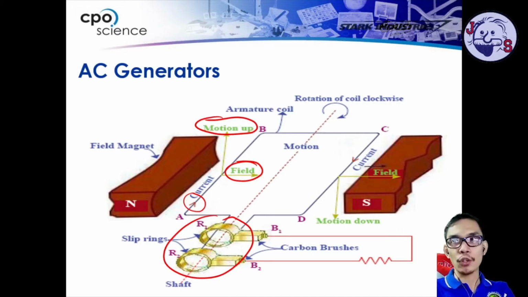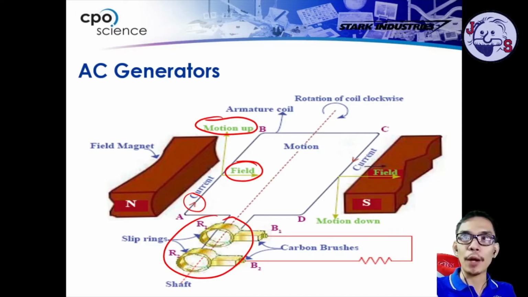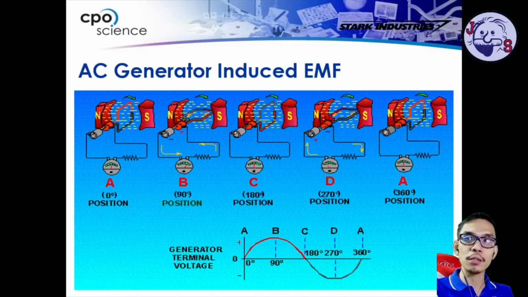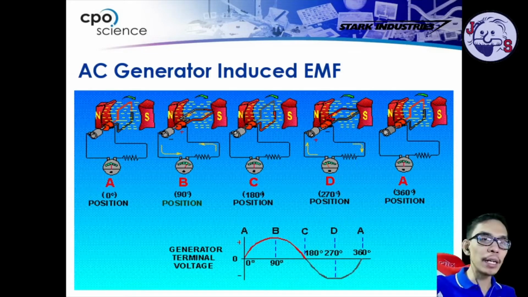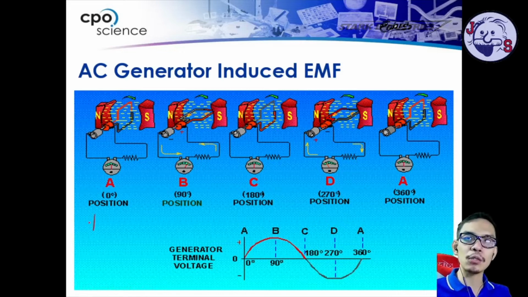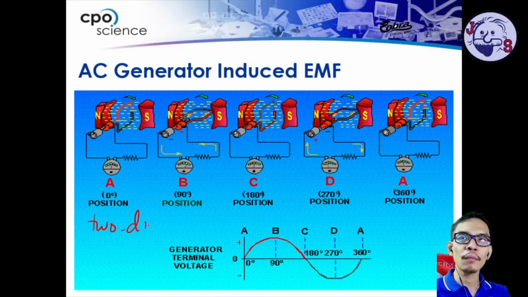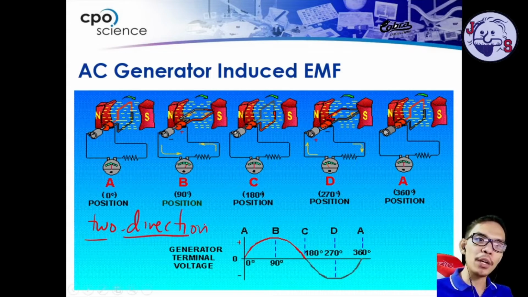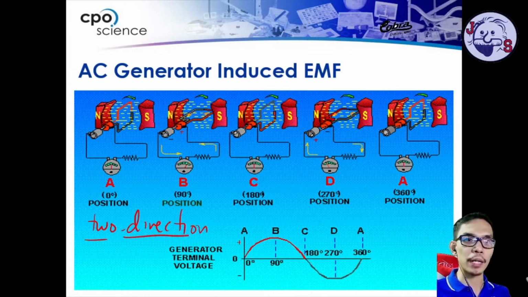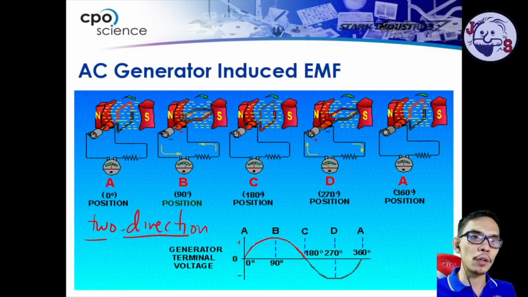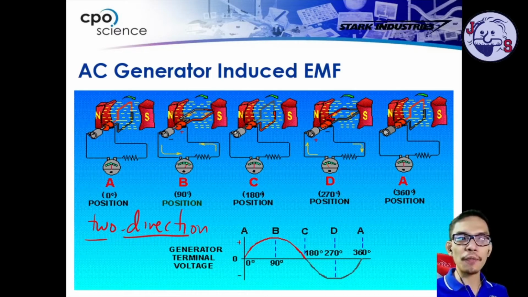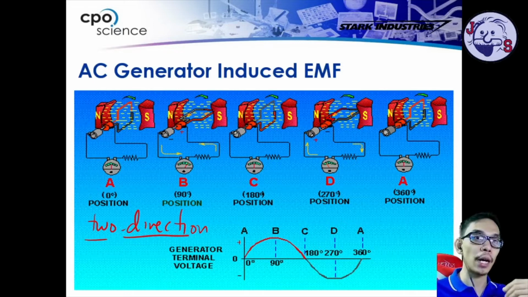So you now have an idea of what type of current the AC generator produces, none other than the alternating current, or AC. Alternating current flows in two directions, which is very important for the transmission of electricity and makes it advantageous.